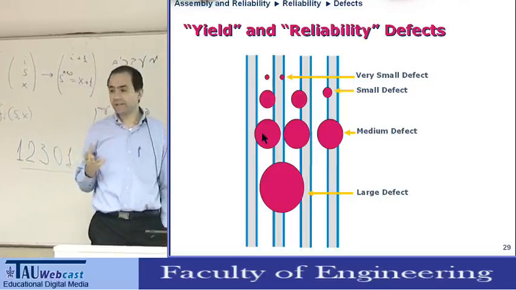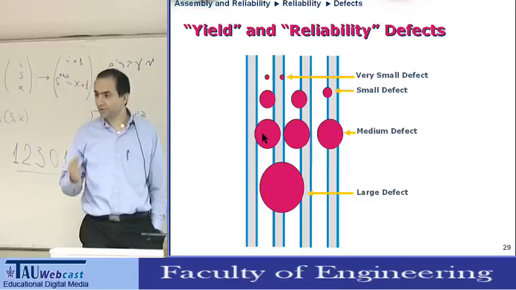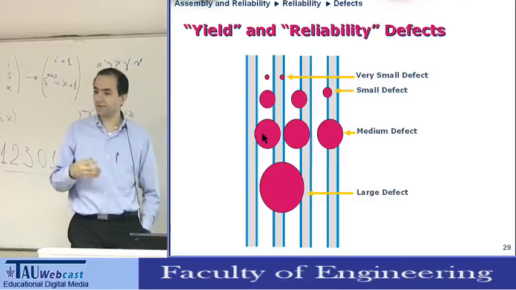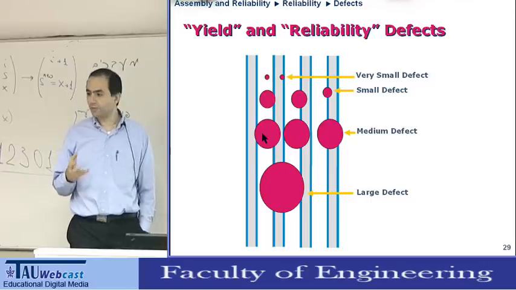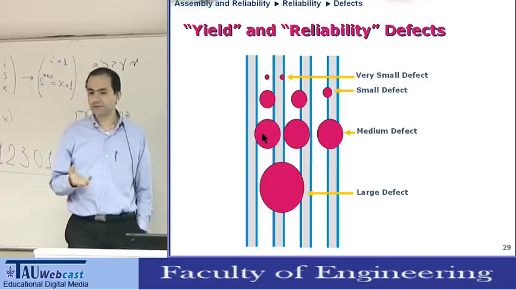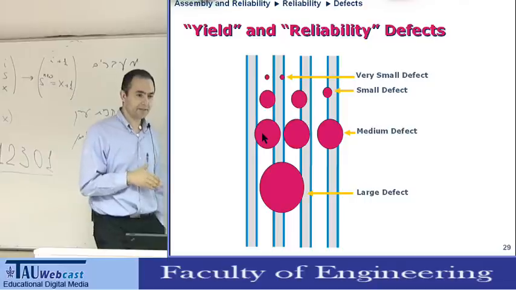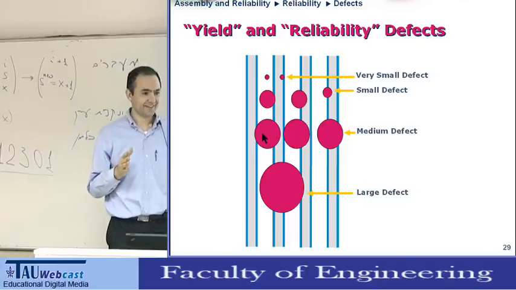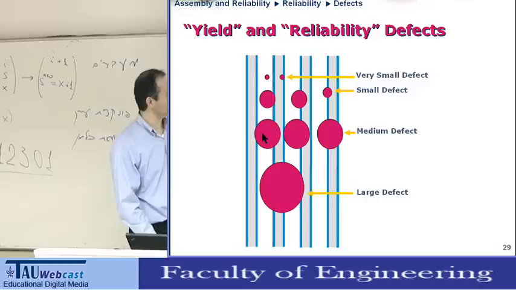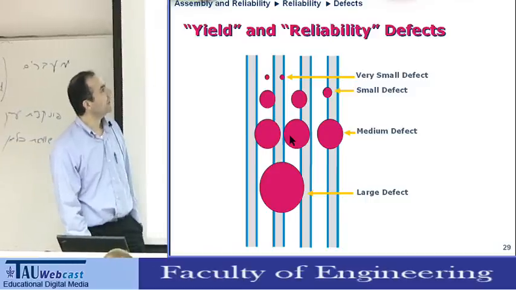So if it's polysilicon, it might conduct or not conduct depending on the temperature and on other features. So it could probably be a reliability issue, because sometimes it will conduct and sometimes it will not conduct. Usually not when you want it. Okay, it will do the opposite of what you want. That's Murphy's law.